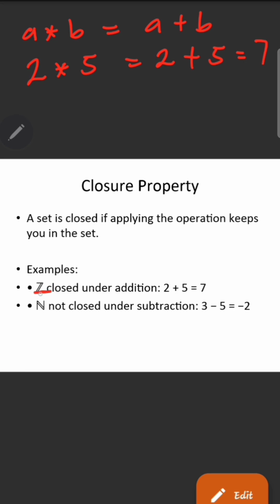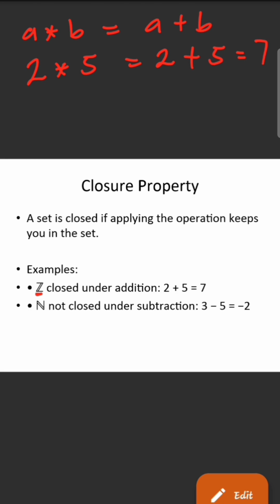Now we have been given a condition here. This is the set. What is the meaning of this Z? Z means set of integers. And what are integers? Integers are the set of positive and negative whole numbers.